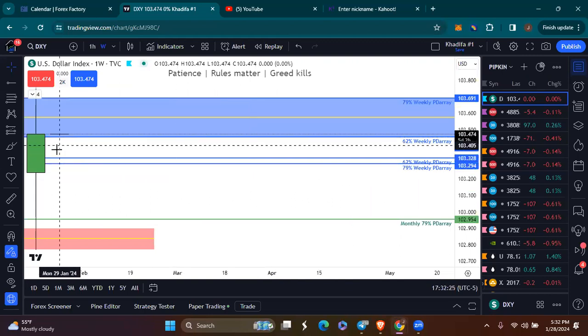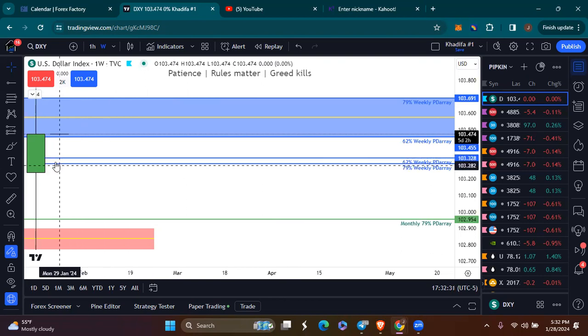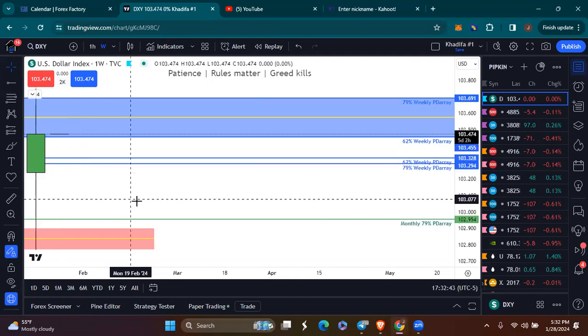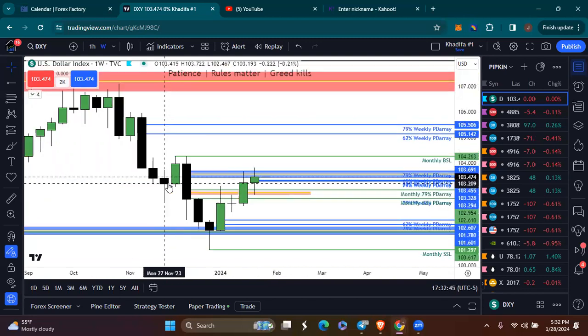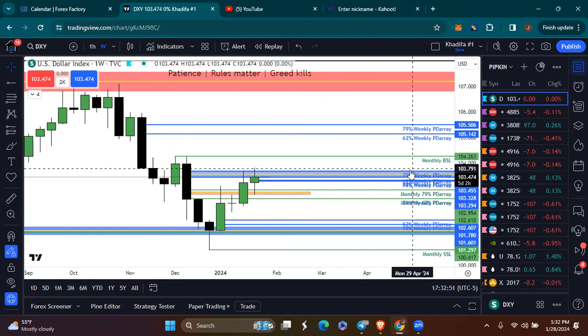I definitely don't want to see price break and close below the discount PD array for last week's price range. And my draw on liquidity for the dollar, again, is to buy side liquidity.